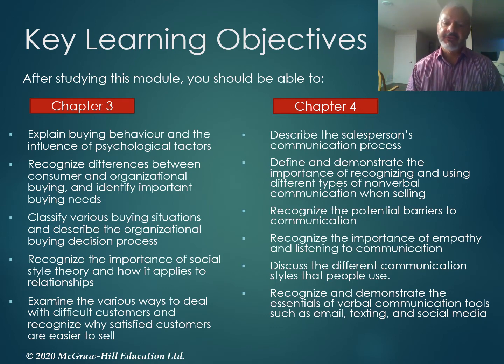Other areas of learning objectives in Chapter 4 are to recognize the importance of empathy and listening to communication. In fact, one of the most vital skills to selling success, and I can't emphasize this enough, and we'll see it as we go through Chapter 4, is listening skills. Listening skills is the most crucial skill a salesperson can have.